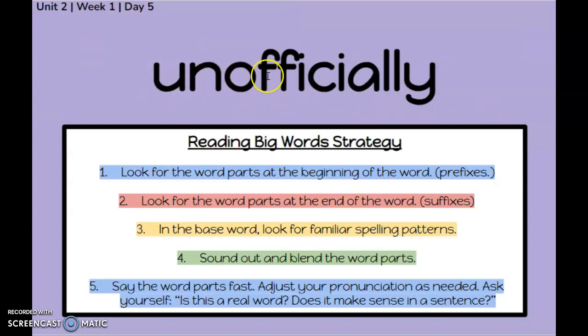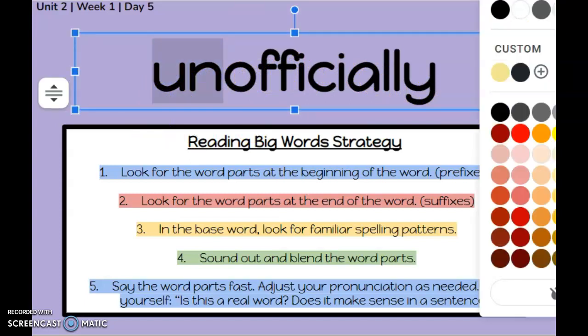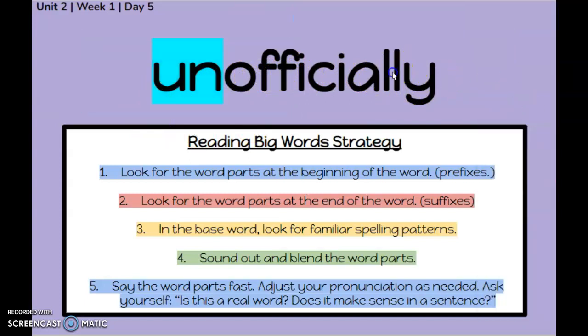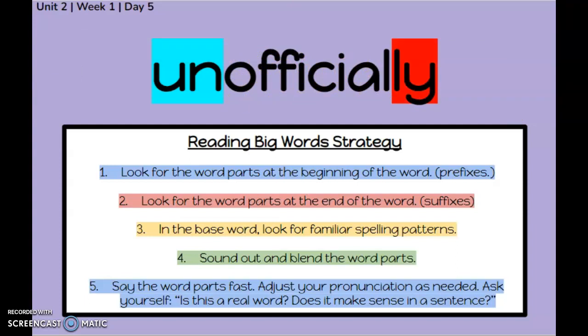Unofficially. I see that my prefix is un, and ly is my suffix, so I'm going to highlight that in red. Official is my base word, but let's see how many syllables this word is. Unofficially. 1, 2, 3, 4, 5.